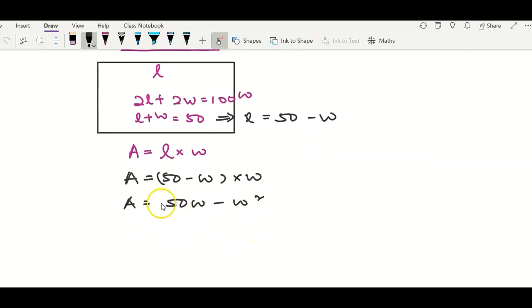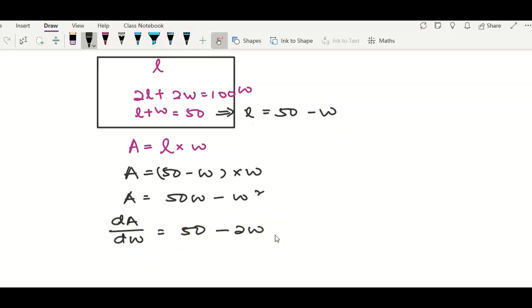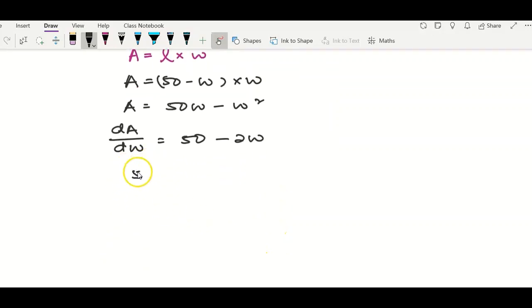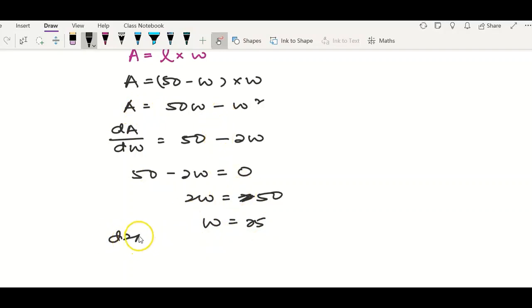Then to get the maximum A, we need to find dA/dW. We get 50 minus 2W, and we let our dA/dW equal 0. Then we have W equals 25. We're not sure whether this W will make our A maximum or minimum, so we test with the second derivative test.